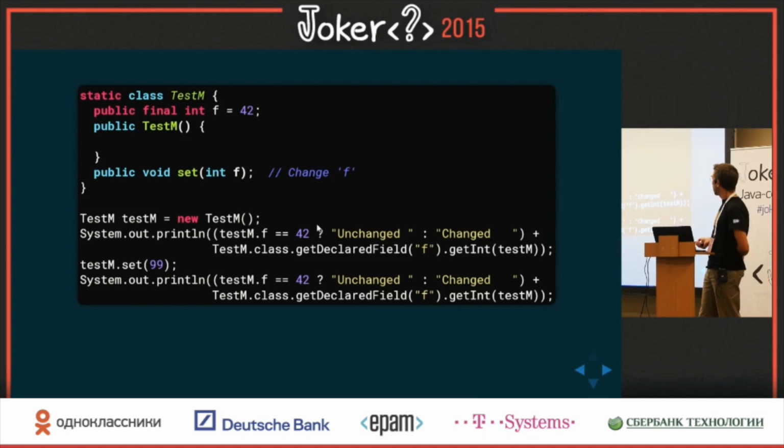If this value has changed, we print changed. And then we print the value of f, but we get it with reflection just because it's more fun. And then we set the field to 99, and again, the same line. If the field has changed, we print changed, and then we print the value of the field. So what do you think, what two lines will be printed now?